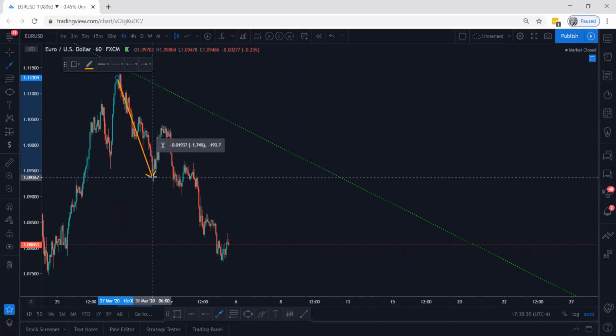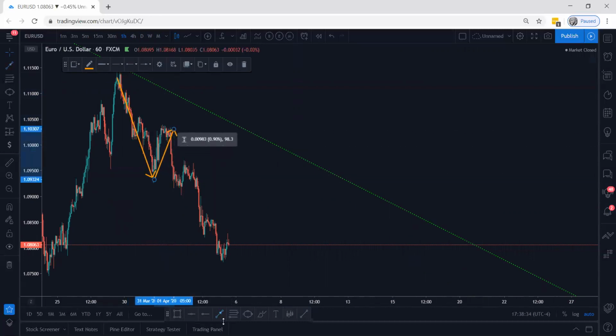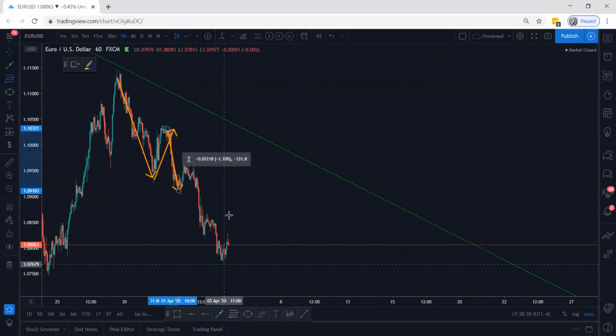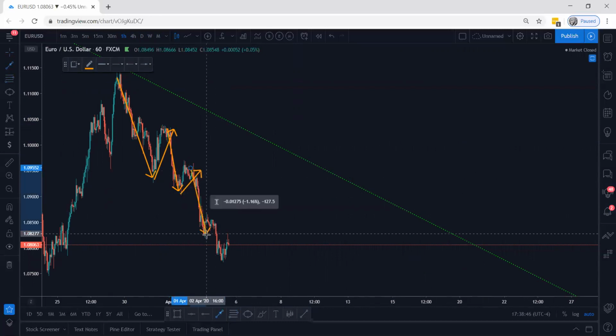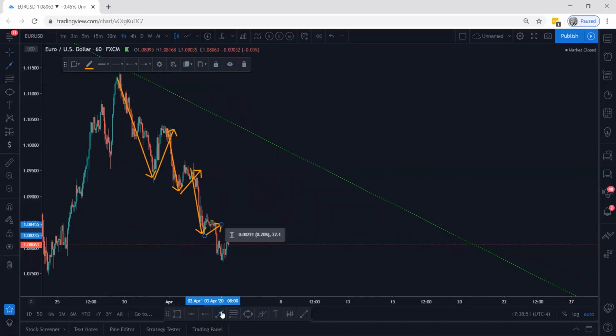So here we have an impulse, we have a correction, we have a continuation, we have a correction. Oh, wrong tool. We have a correction, we have a continuation, we have another correction, we have a continuation.